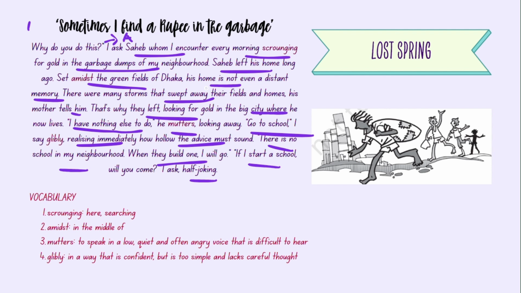So here, the point to be noted is that gold in garbage is something valuable that they can sell, that has a resale value. And school here is the symbol for a key to come out of poverty.